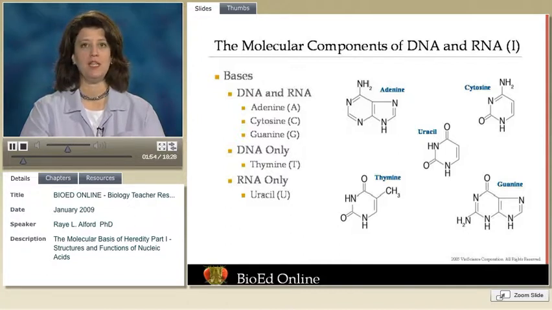The bases of DNA include adenine, cytosine, guanine, and thymine, or A, C, G, and T. Each base consists of a nitrogen-containing component called an amine and various side groups specific to the base. Although RNA also uses A, C, and G, RNA does not use T. Instead, RNA substitutes the base uracil, or U, for the T of thymine.